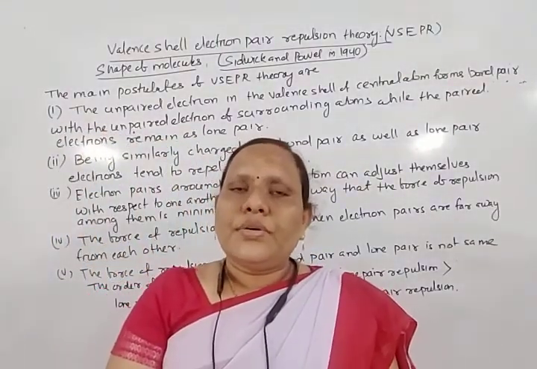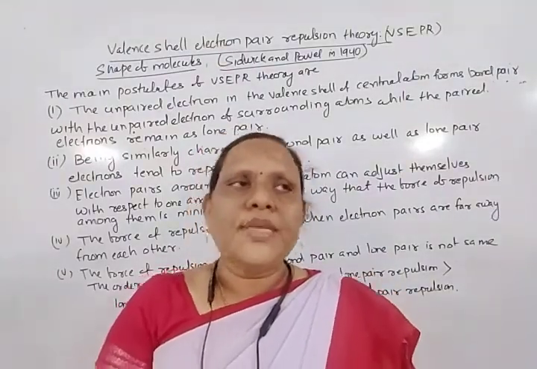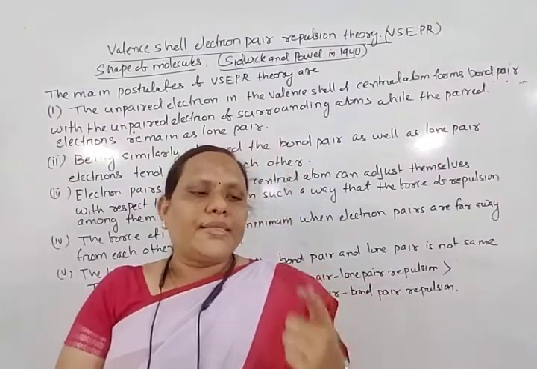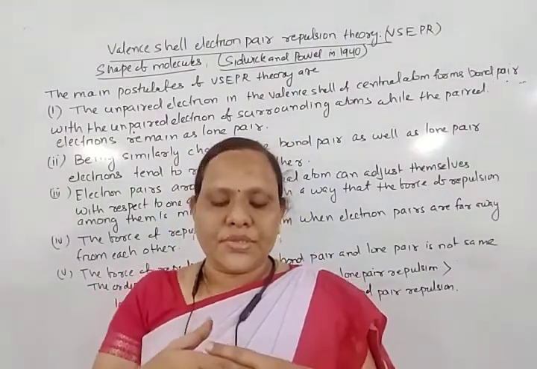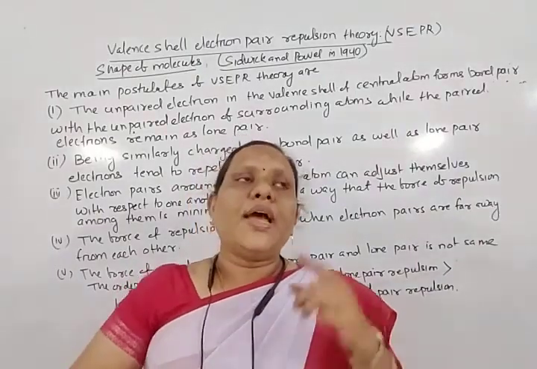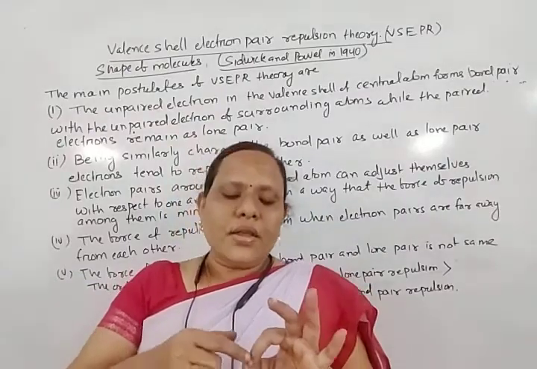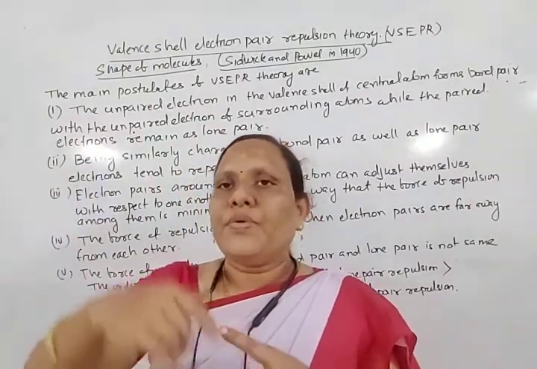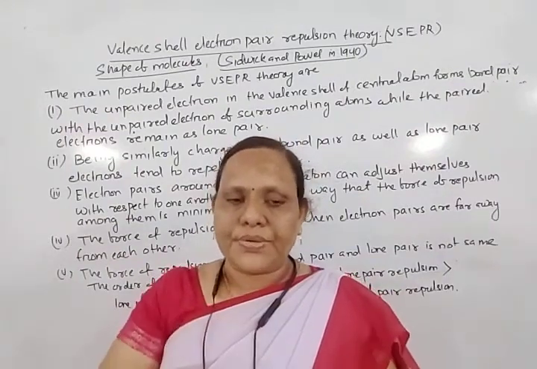Actually, whenever a bond is formed, it is generally formed by the overlapping or sharing of electrons. When the central atom has an unpaired electron, it forms a bond with the surrounding atoms which also have an unpaired electron.